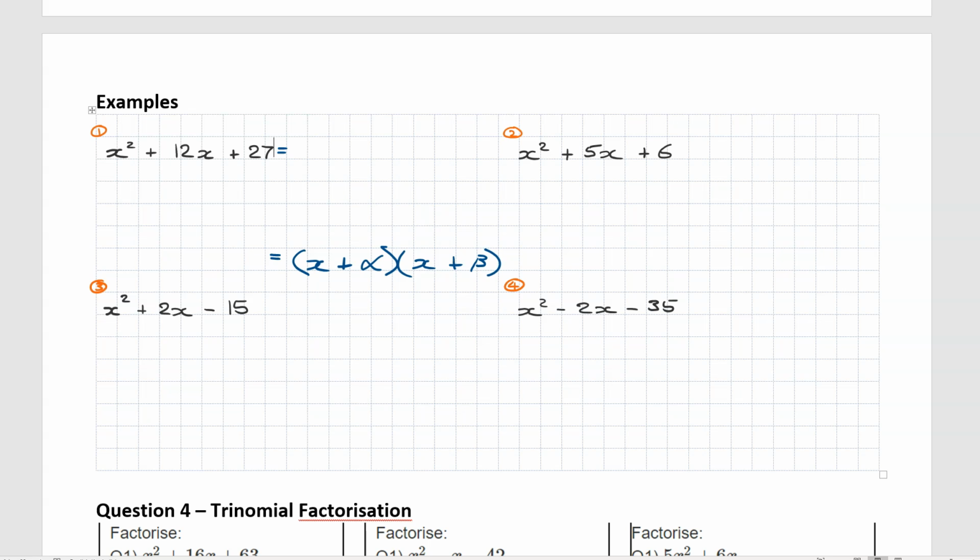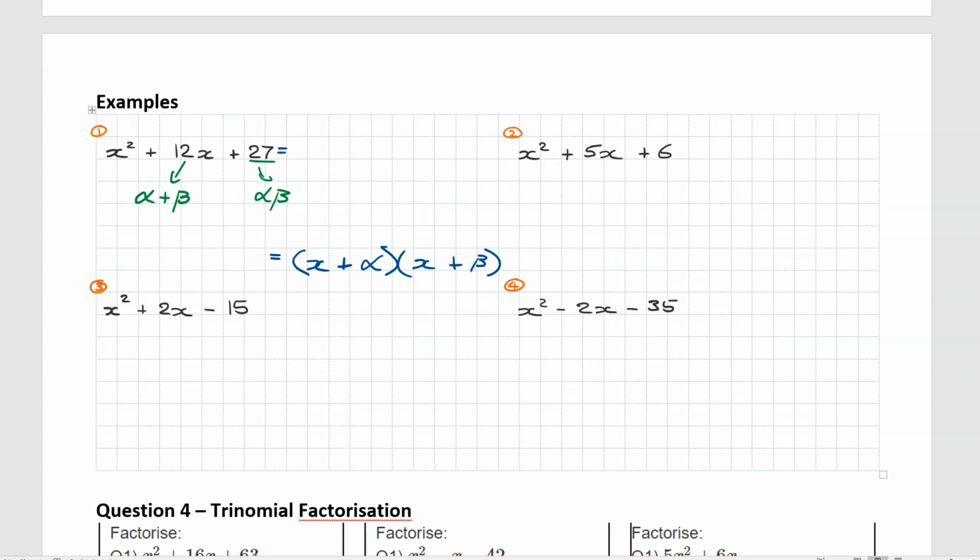If we expanded this out, what we'd find is that we're getting an x times alpha plus an alpha times x. So based on that, the 12x is a case of alpha plus beta, and for the 27 we're getting an alpha times a beta.